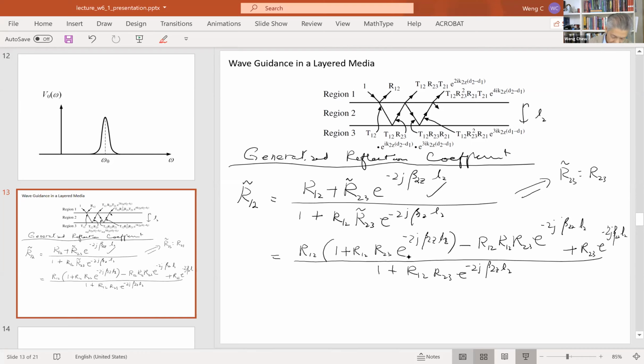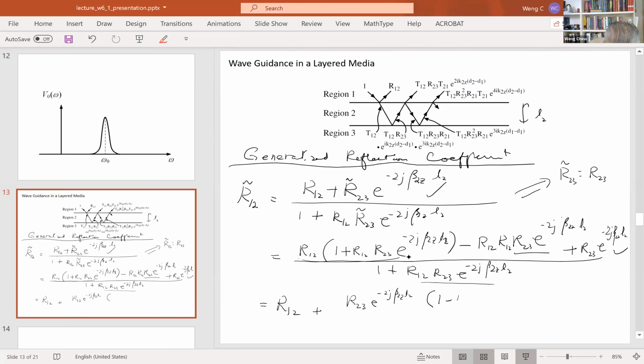Okay, so if I look at the first term now, it is just R12, because this one divided by this term just gives me R12. And then if I look at the terms I have left in the numerator, it will be something like R23 e to the minus 2j beta 2z L2. I take this term and this term and put it outside.